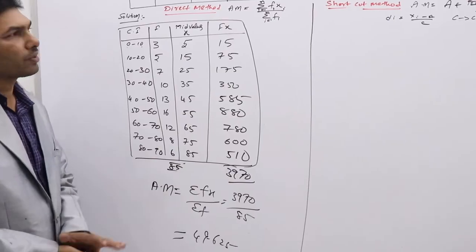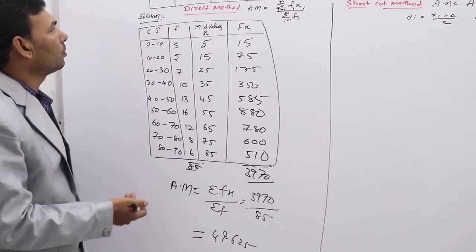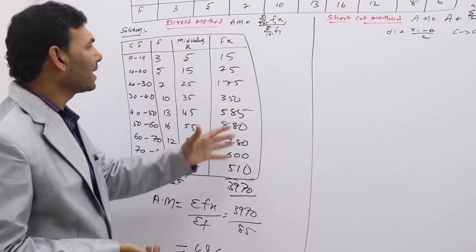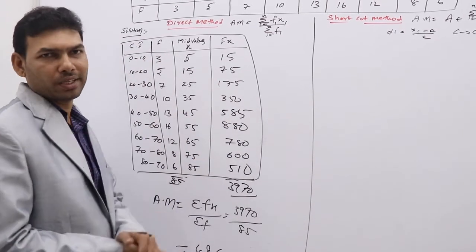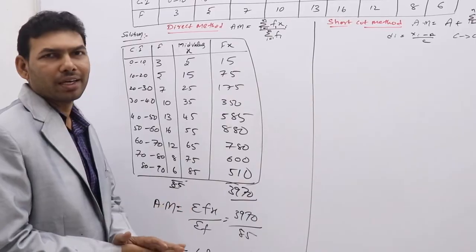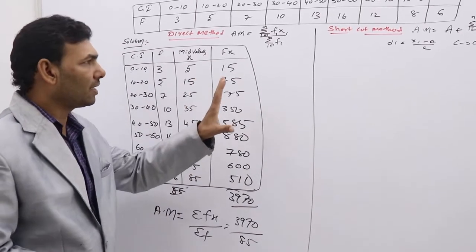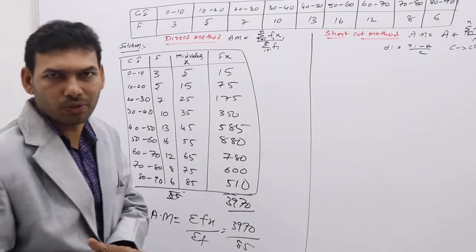This is the direct way. Coming to the shortcut method, the calculations are very easy compared to the direct method. The table may be lengthy, but the calculations are easy. We can easily calculate the arithmetic mean without a calculator also.